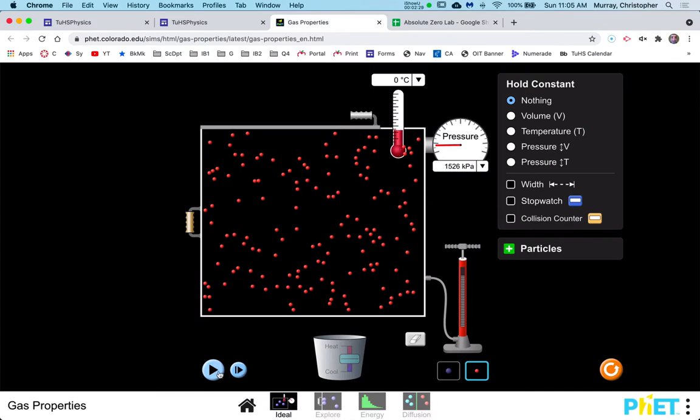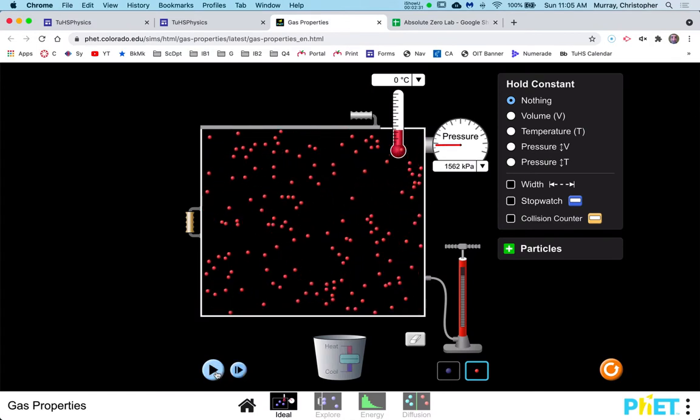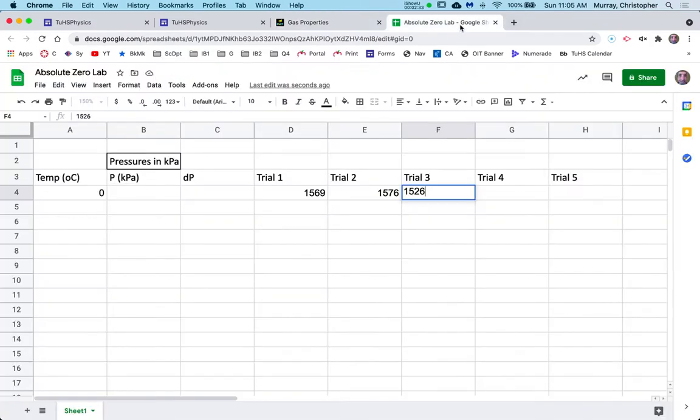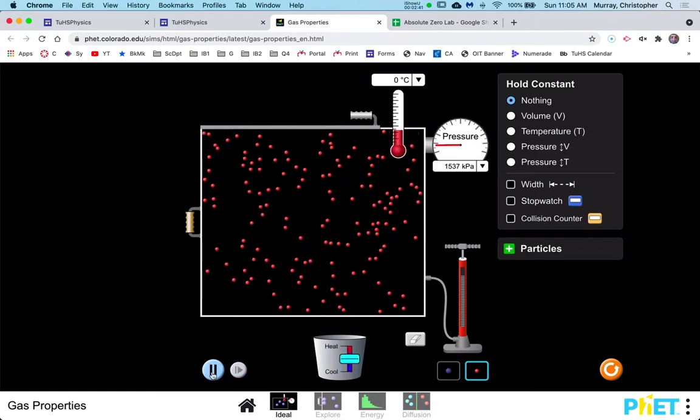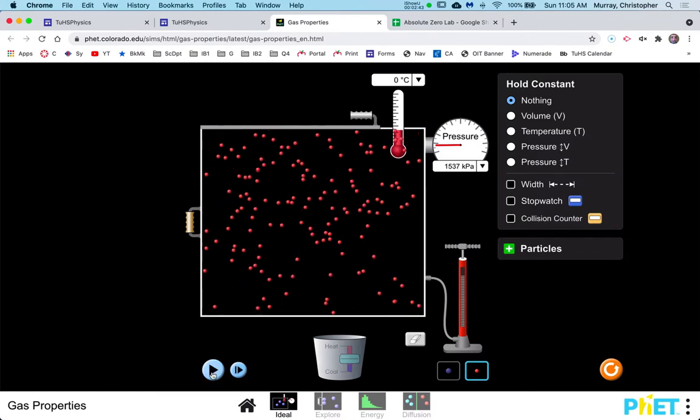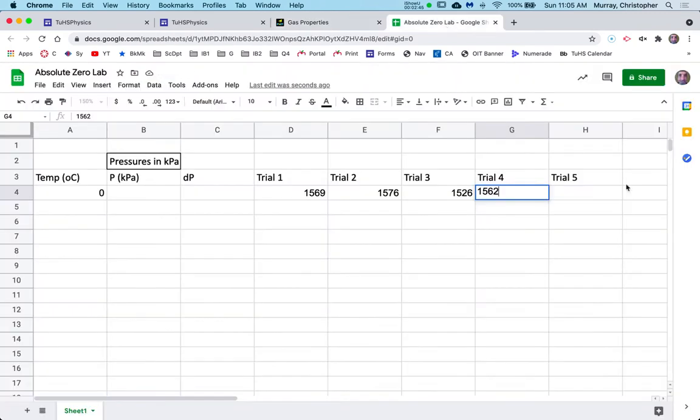I'm just running it for a random amount of time. 1562. Let's run it. This is way easier than doing it in the lab. Let's see, 1537. All right. So there we go, right?